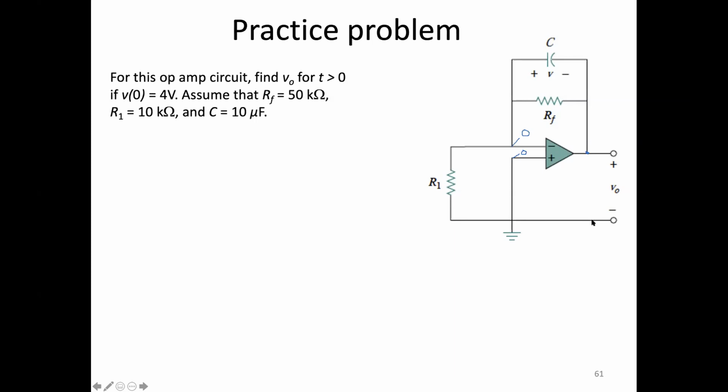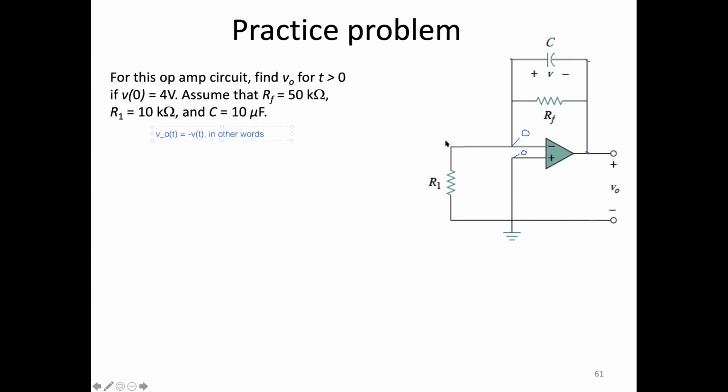And V is the voltage between ground and the output. So right away, we can easily identify that V naught of T is equal to negative V of T. So in other words, if we find V of T, then we can easily solve for V naught.